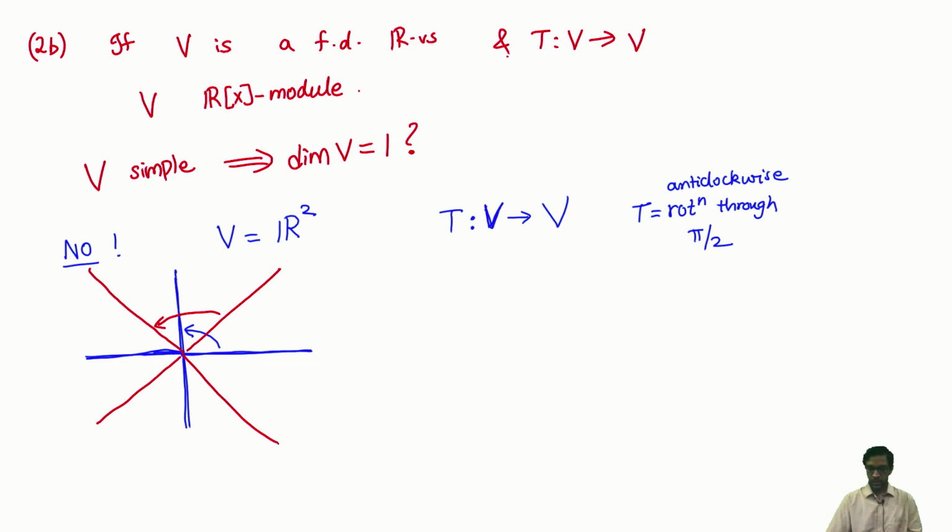Now, this is a linear operator, as is easy to check. And here's the interesting fact: this operator T has no invariant subspaces other than 0 and the whole.